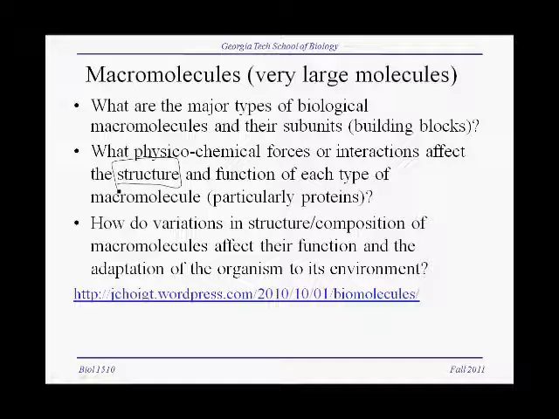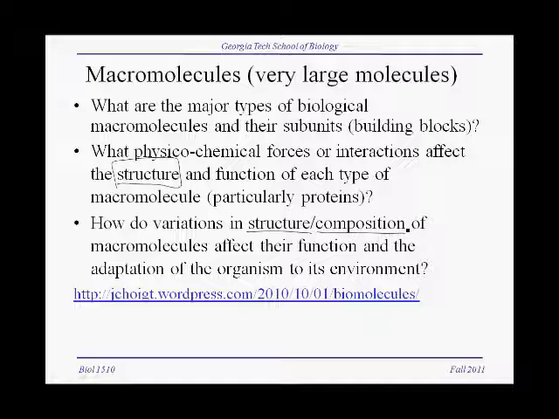And finally, we talked about how evolution is a change in the gene pool of a population, and that natural selection acts on genetic variation. Well, how does it do that? Genetic variation causes variation in either the structure of a macromolecule or the composition of a macromolecular assemblage.